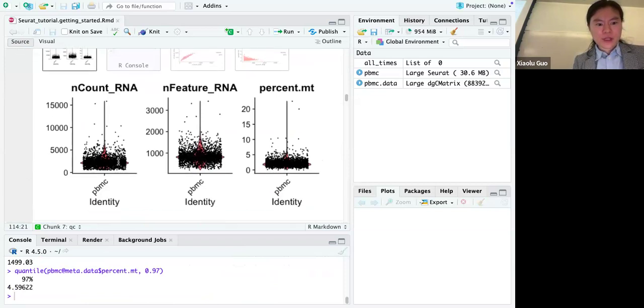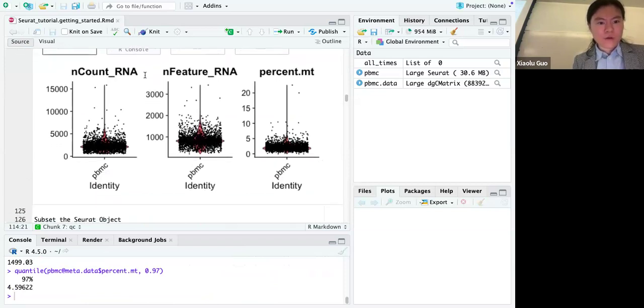First is the violin plots of these three different features, and you can see the distribution of the total amount of mRNA. On average it's 2000-ish or 2500 expression, and most of them are less than 5000, and some outliers go to 15,000.